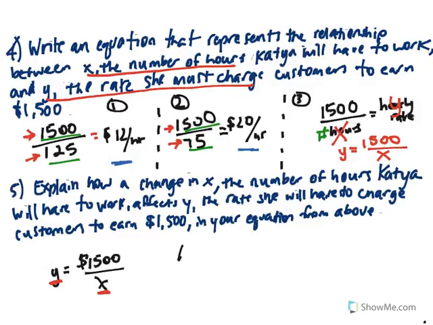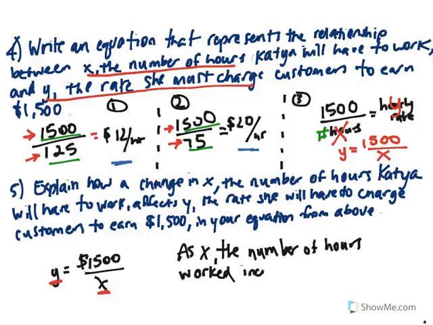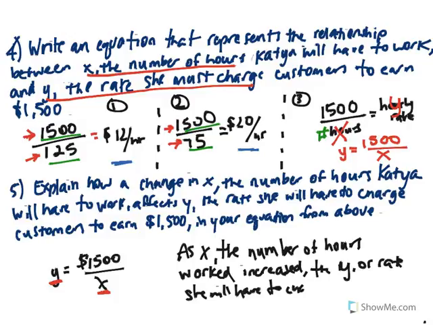Let's write this in a full sentence. As X, the number of hours worked, increased, the Y, or rate she will have to charge, decreased.